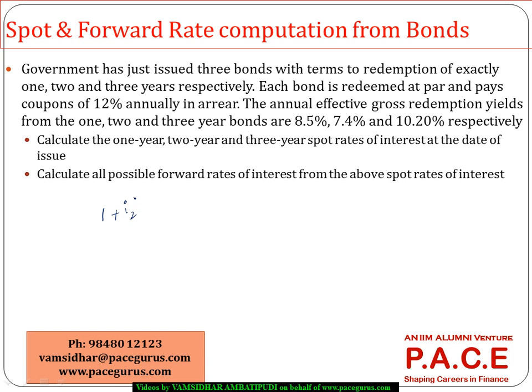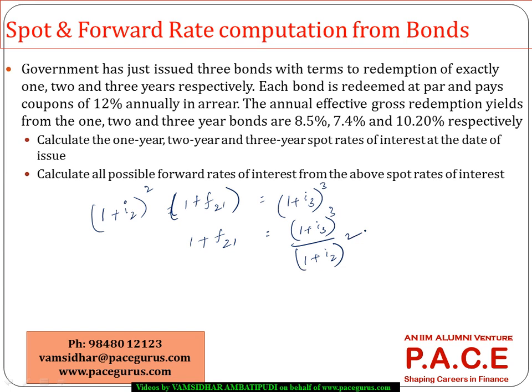1 plus I2 squared into 1 plus forward between 2 and 3 years is equal to 1 plus I3 cubed. So from here, 1 plus the forward between the 2 and 3 years is nothing but 1 plus I3 cubed divided by 1 plus I2 squared.